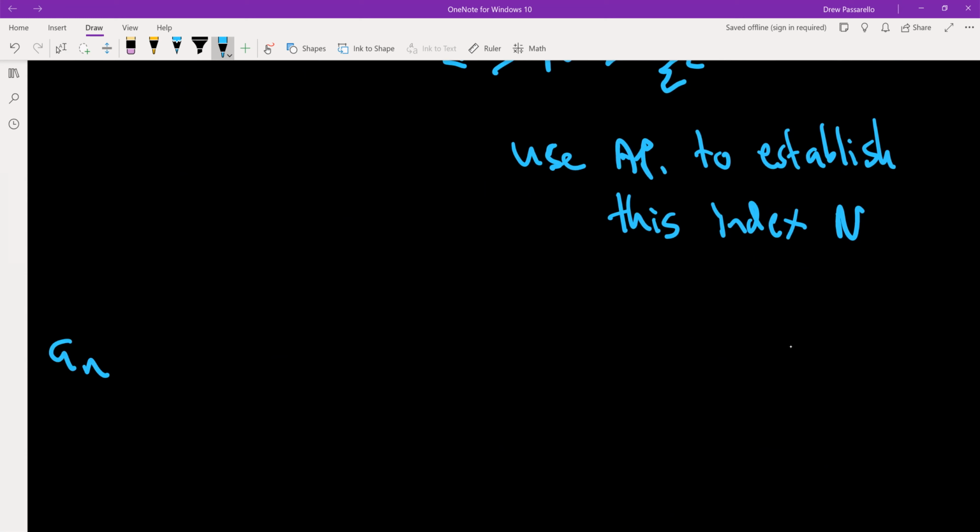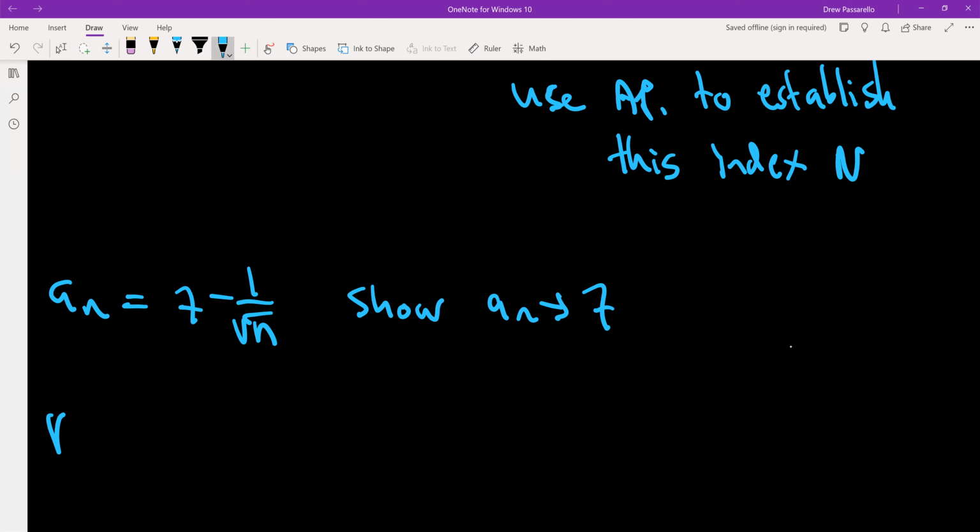Again, our sequence a_n is equal to 7 minus 1 over square root of n. We're showing that it converges to 7. So proof: you're going to be given any epsilon.